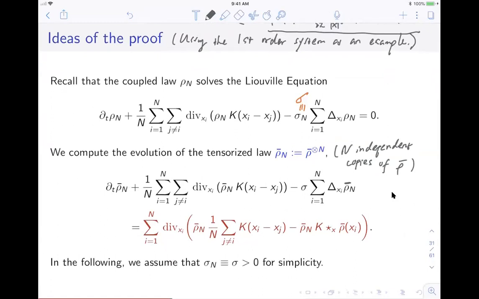So let's make another assumption: let's assume sigma_N all equals sigma. Let me remind you, this is the original particle system.